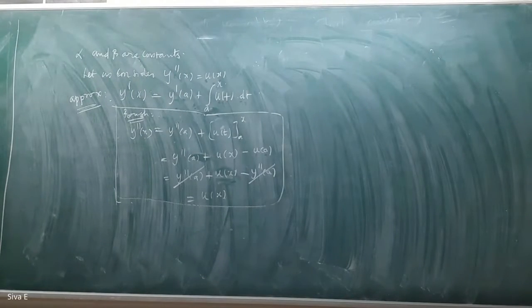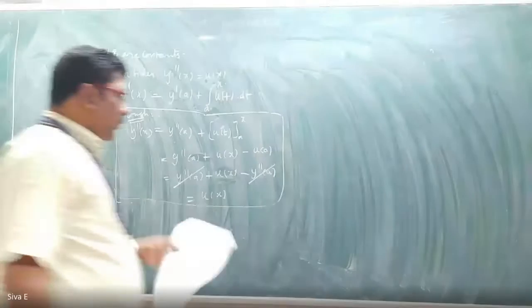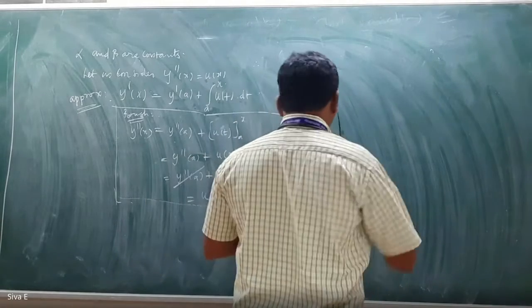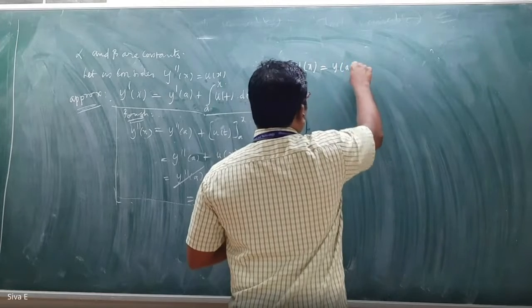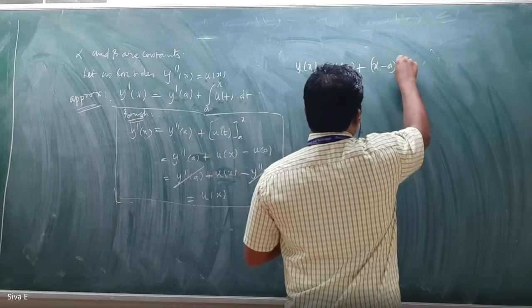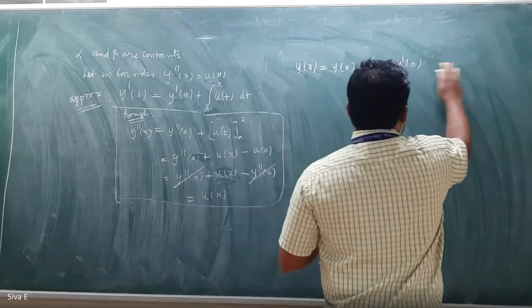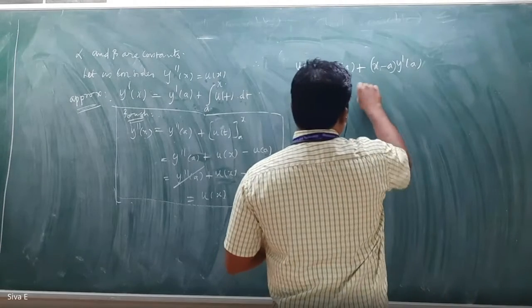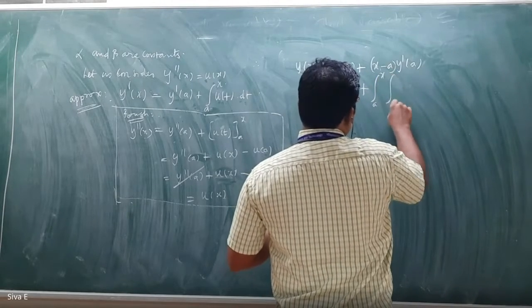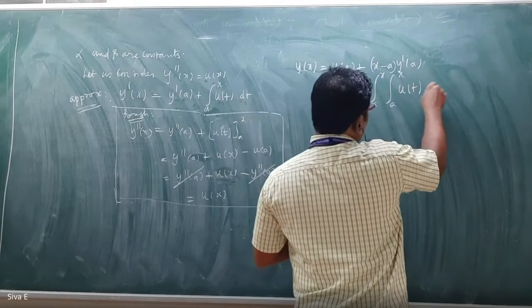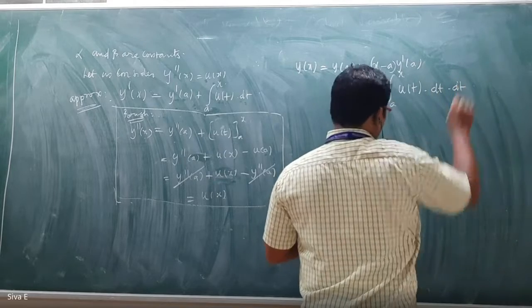Integrating one more time, we will get y of x equal to y of a plus x minus a times y dash of a plus integral over a to x, integral over a to x of u of t dt dt.